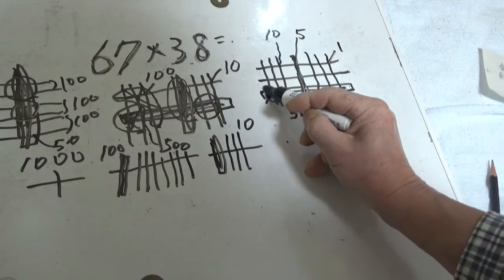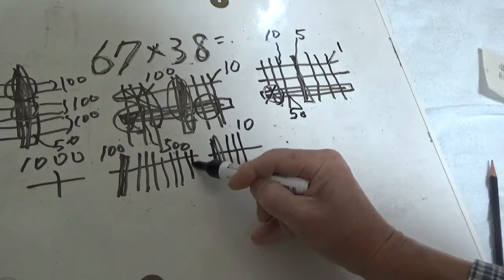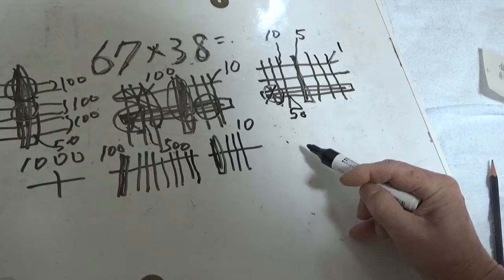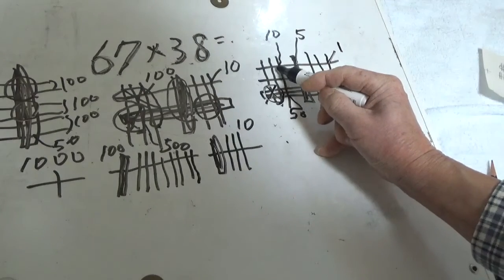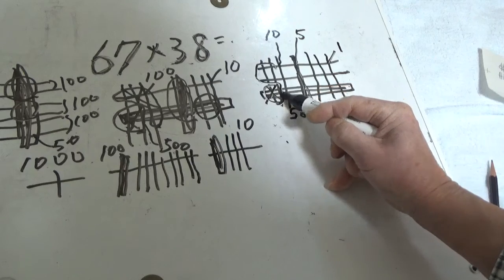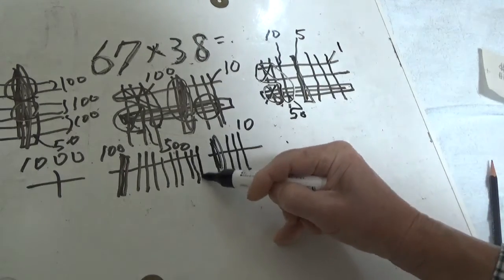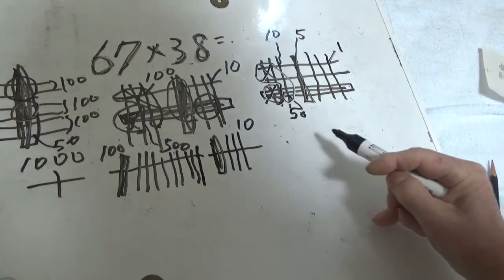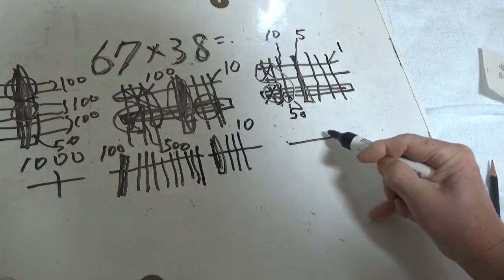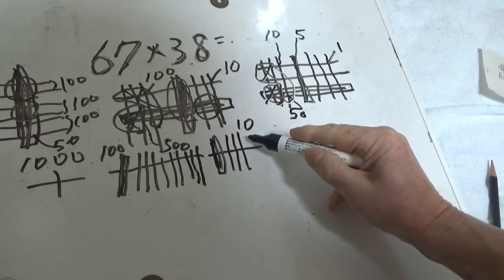So 50 plus 50 is 100. And this is 1, 2, 3, 4, 5, and another 100. And remaining 10. Remaining 10.